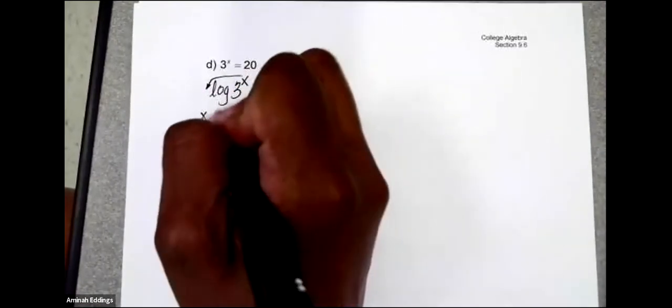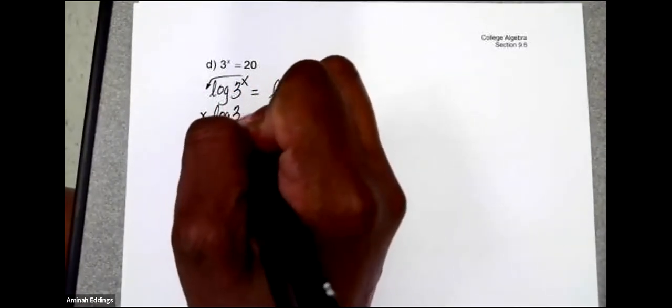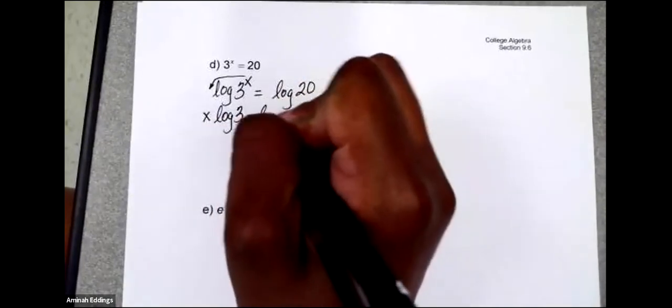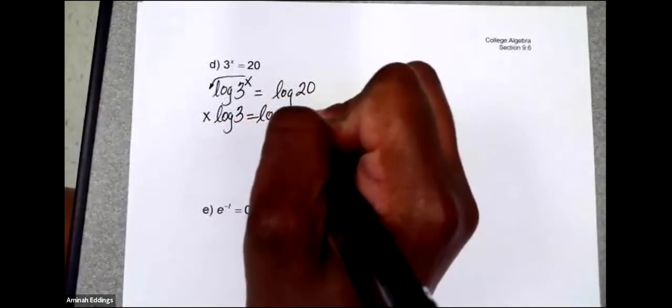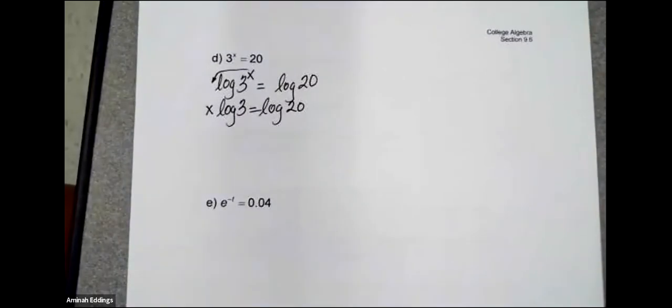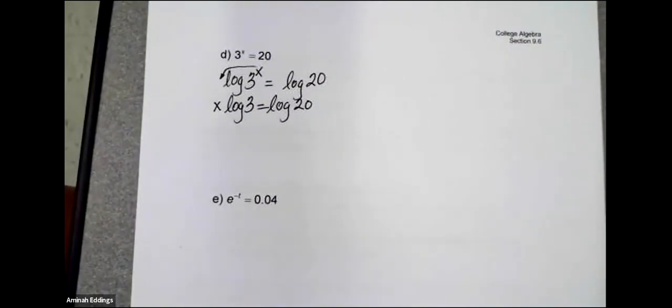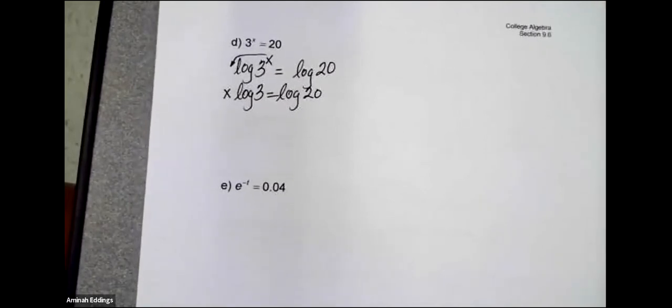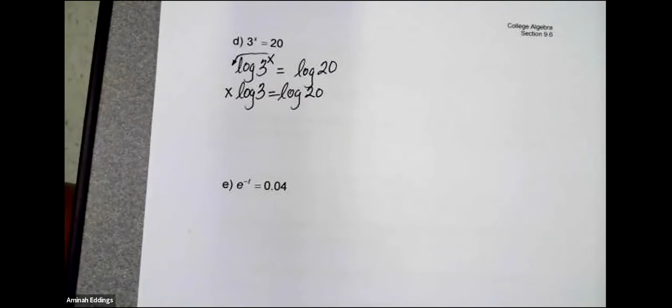Remember, we learned this last week. So this becomes x times the log of 3 is equal to the log of 20. And then I'm solving for x. So what's keeping me from having x by itself? Anyone? The log of 3. Very good, the log of 3.